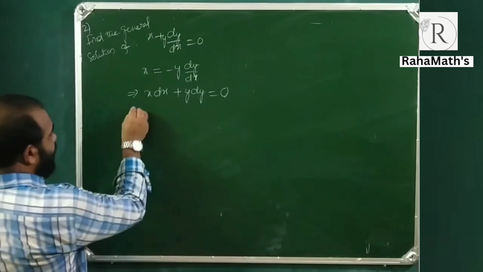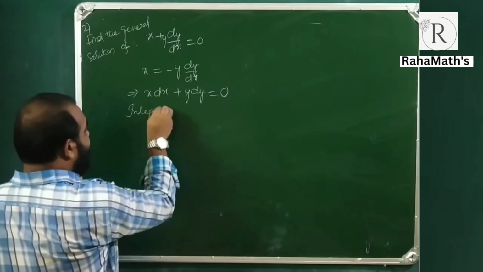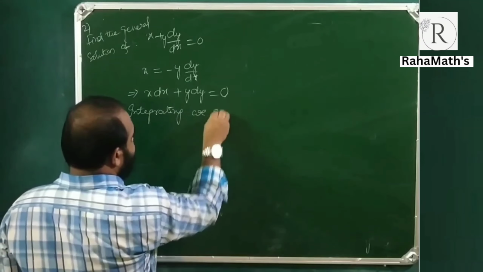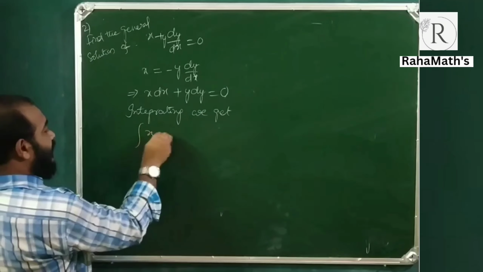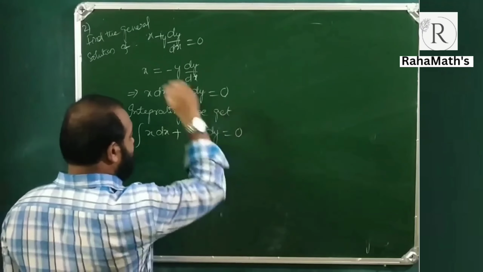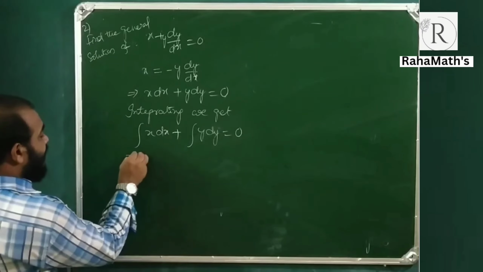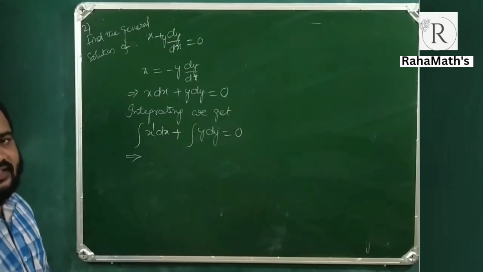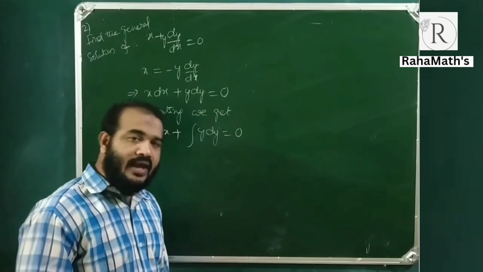Now, integrating, we get integral x dx plus integral y dy equals to 0. Integral x dx is of the form integral x power n dx, x power n plus 1 by n plus 1.